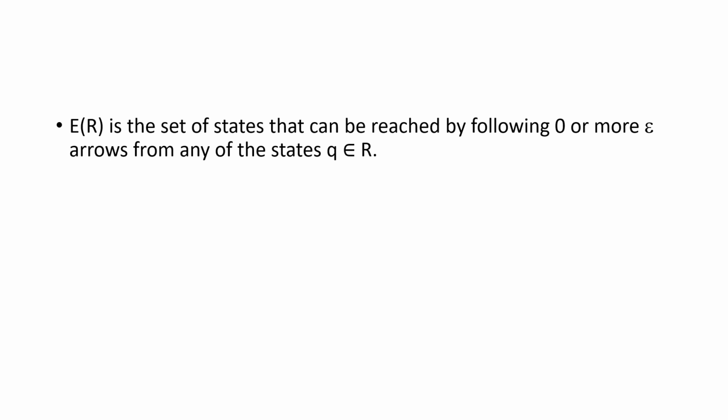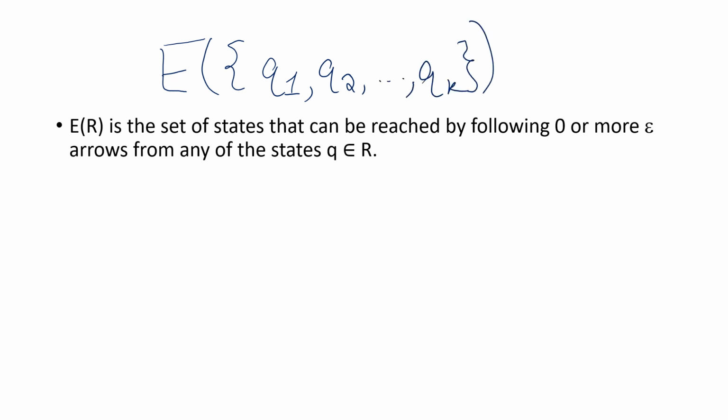More generally, you can talk about E of R, where R is a set. E of R is the set of states that can be reached by following 0 or more epsilon arrows from any of the states in R. To make this a little more clear, let's say that you had the states Q1, Q2 through QK.